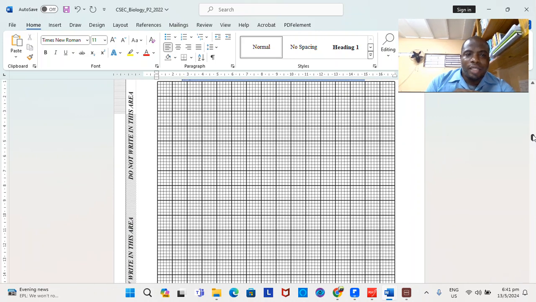In terms of the y-axis, that's where we're going to be putting the height or the length in centimeters.